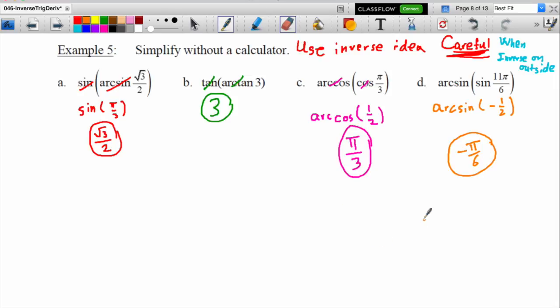So another way to do this is to say 11 pi over 6 was okay, but we need the right domain or range, right? We need to be in the right place, and 11 pi over 6 is not correct. We need that negative.